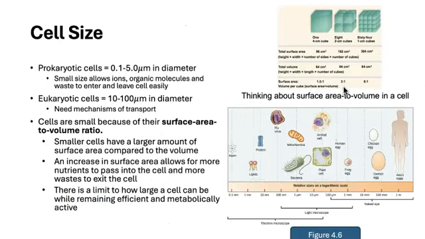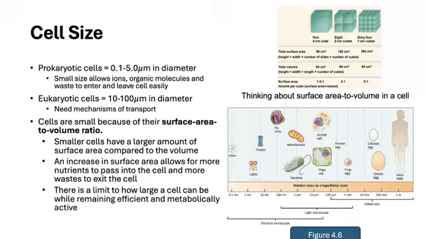Now we have our cell size. Our prokaryotic cells are typically going to be much smaller than our eukaryotic cells. You can see this figure down here that we are able to compare some of our prokaryotic cells to the size of our eukaryotic cells.